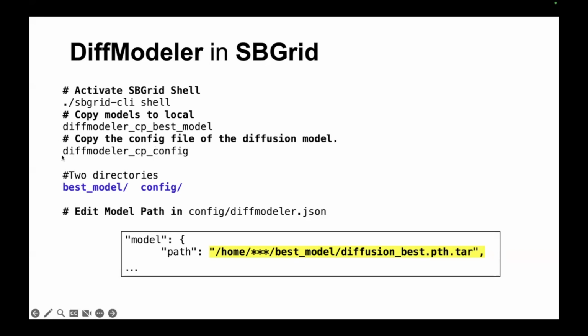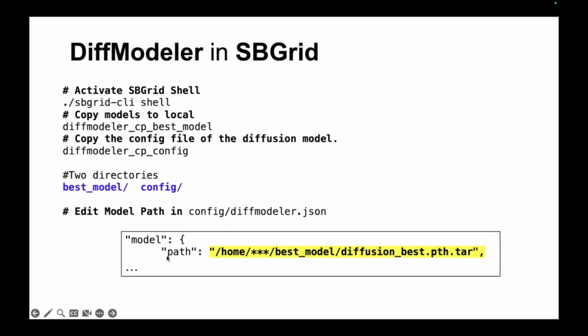After executing these two commands, you will find these two directories, best models. This folder contains the weight file, and this folder contains the config file for the diffusion model. Then in the config directory, there's a diffmodeler.json. This file controls everything in the diffusion model part.